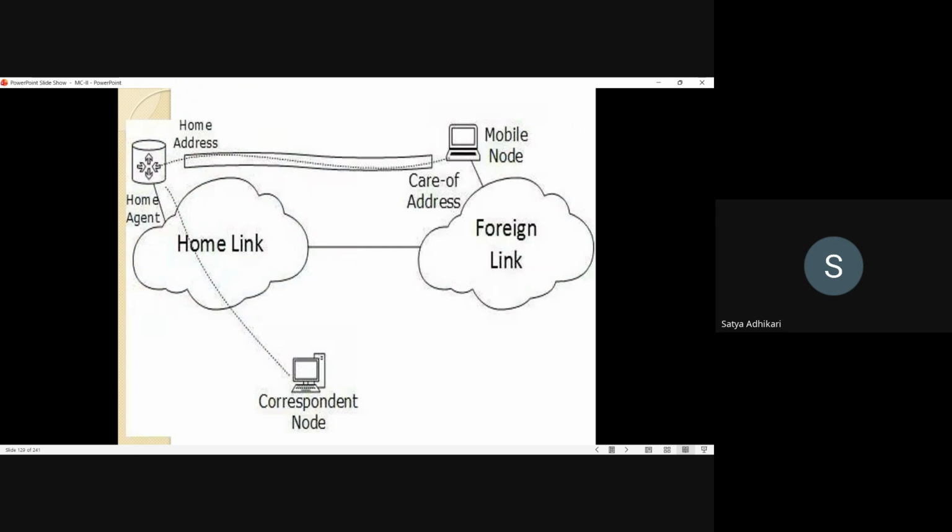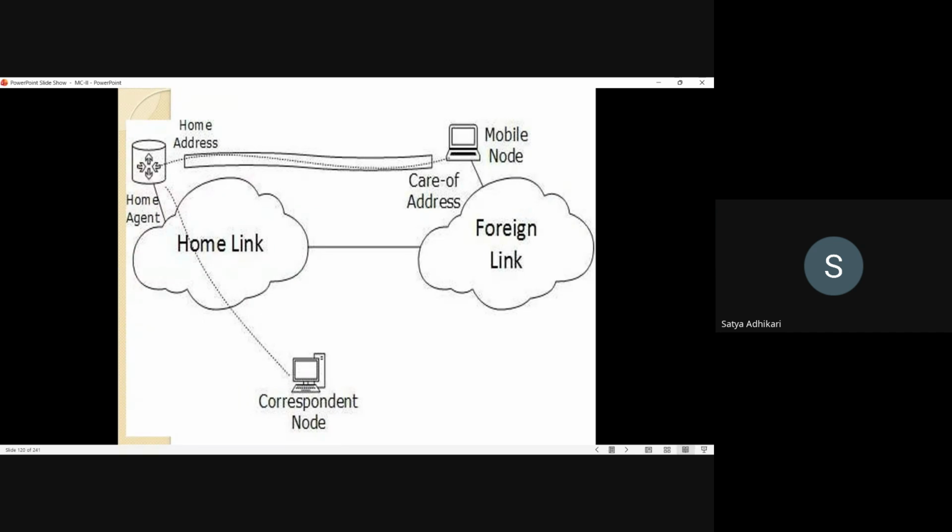You see here, the mobile node now belongs to the foreign link. There is a correspondent node now sending data to the home agent.